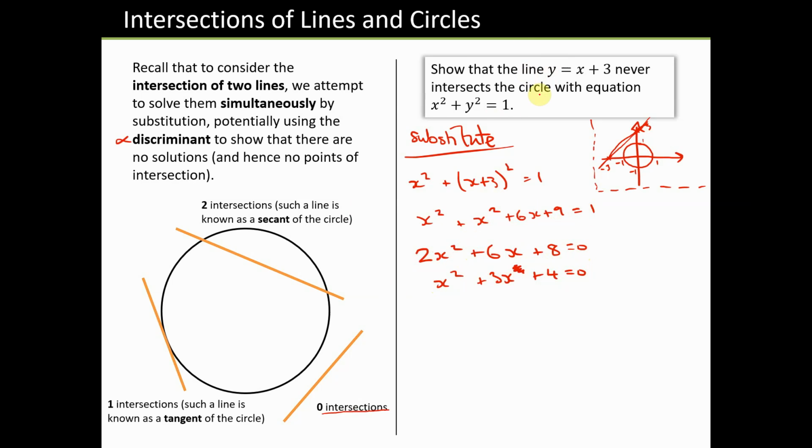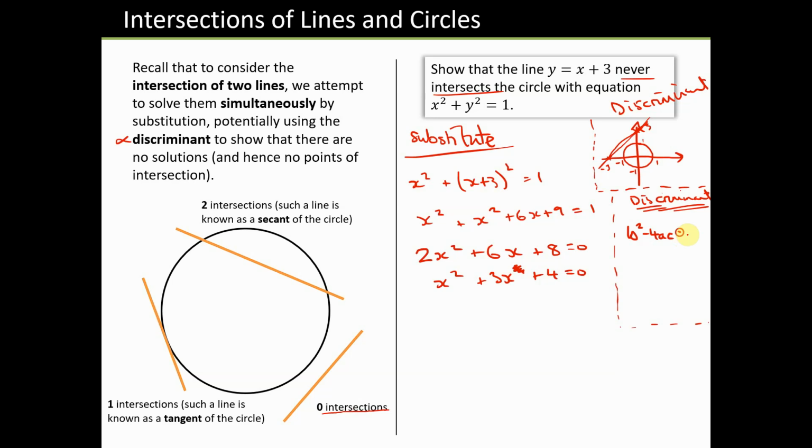And because I'm trying to show that it never intersects, I'm going to use my discriminant, and my rules of the discriminant, just in case we have forgotten. We use that bit of the quadratic formula that's underneath the square root, so b squared minus 4ac.